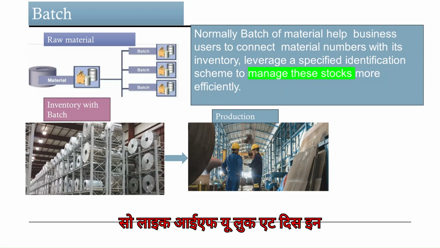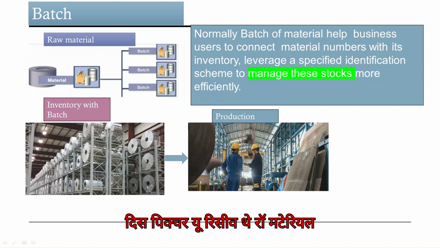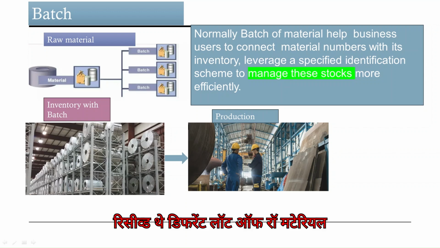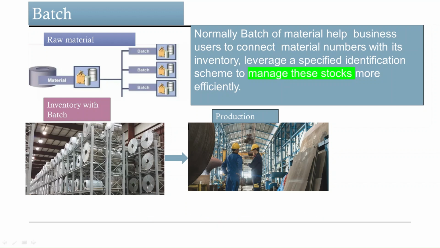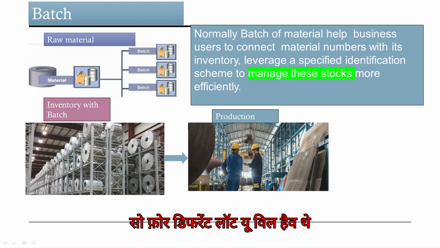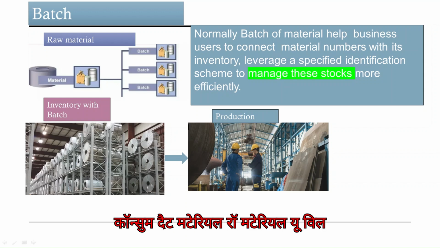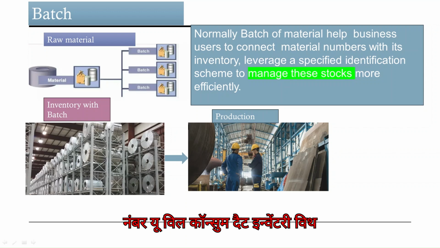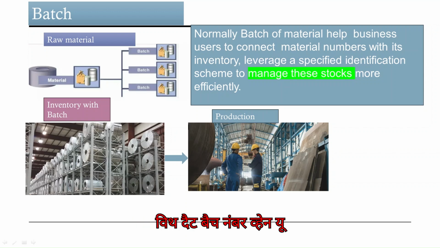If you look at this picture, you receive the raw material with some batches. So you have received different lots of raw material, and for different lots, you will have different batch numbers. When you consume that raw material, you will consume that inventory with that batch number.